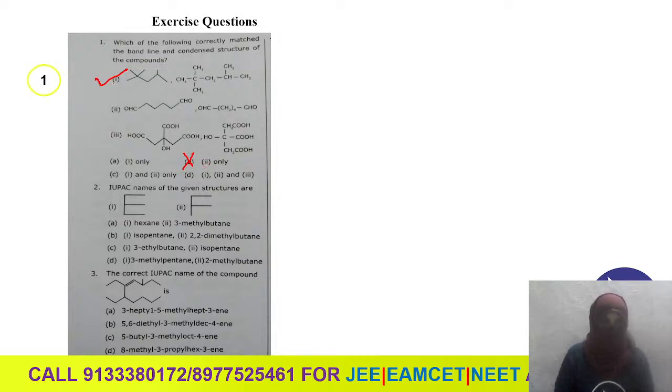No, we find here 1 is also right. So definitely the answer is going to be among A, C, D. Let us check whether second is also there or not. If second is right, the answer definitely is going to be between C and D. If second is wrong, then definitely the answer is going to be A, right?